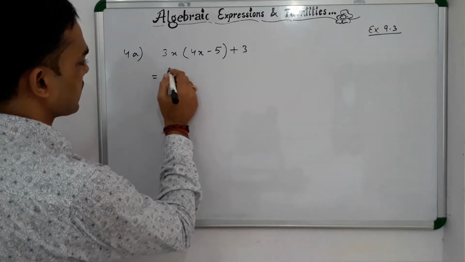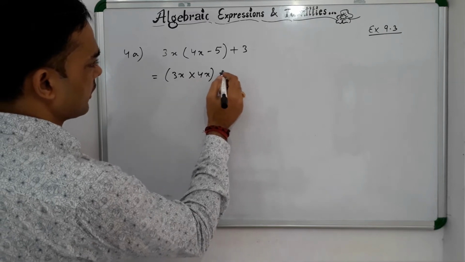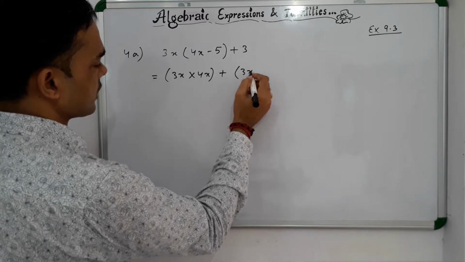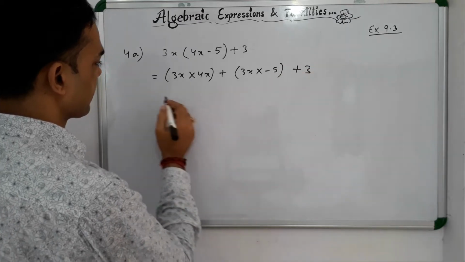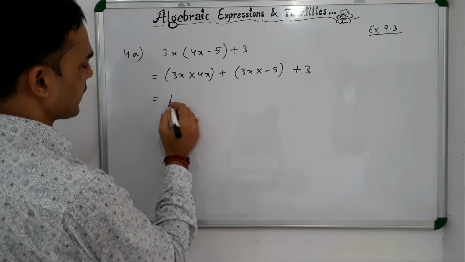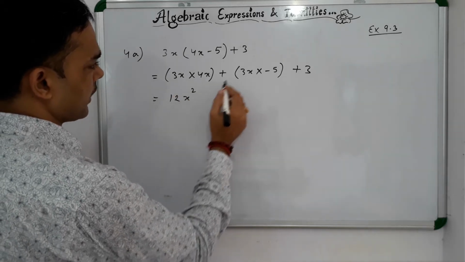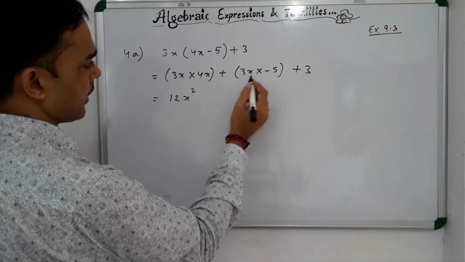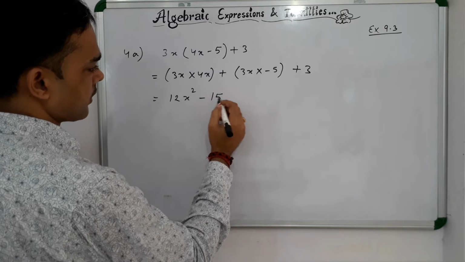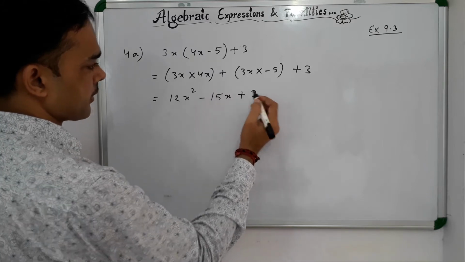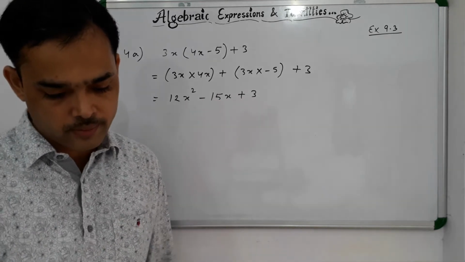Then this 3x will be multiplied by 4x, then plus this 3x will be multiplied by minus 5 plus 3. So 3 into 4 is 12, x into x is x square, plus into minus is minus, and minus into plus is minus. 3 into 5 is 15, 15x plus 3. This you get when you simplify it.